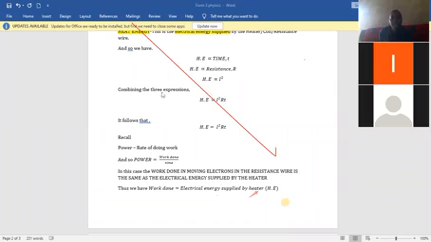Rate means divide by time. Rate of doing work is work divided by time. Or you can say power is work done per unit time.